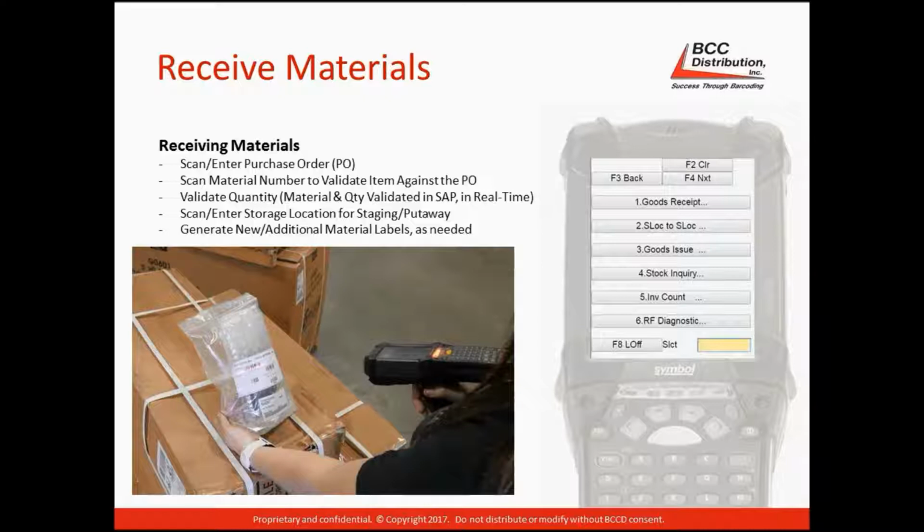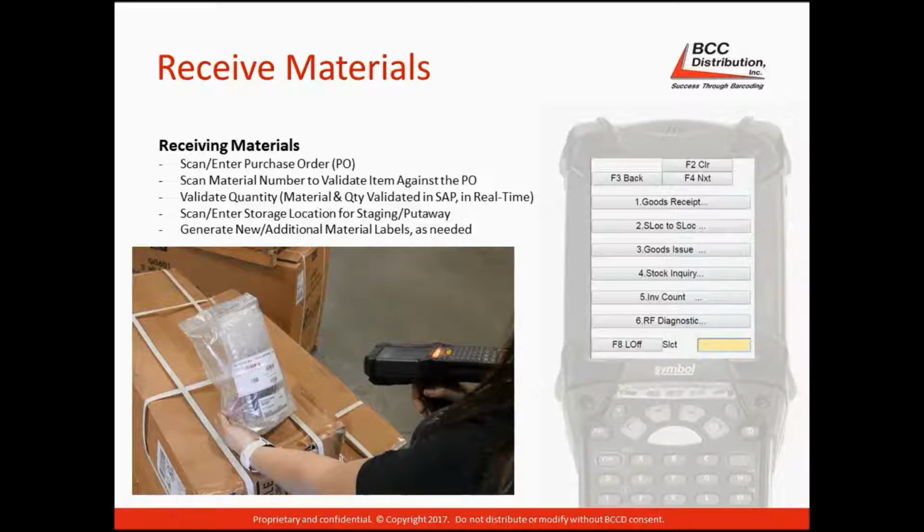We utilize the canned SAP menu system, as you can see to the right here, and we're going to go ahead in real time, being able to match a purchase order from SAP to the purchase order we are receiving.